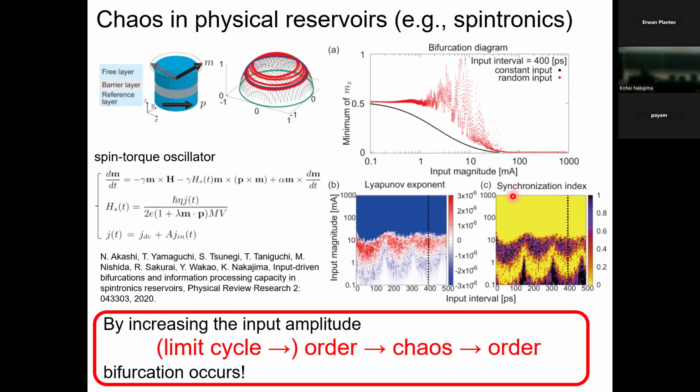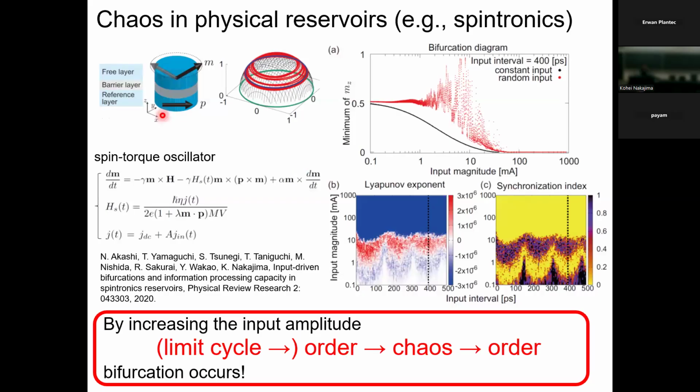10 minutes, okay. And this kind of phenomenon can also be observed in physical reservoirs, for example, spintronics. And we found that when you tune this input amplitude, so a spintronic oscillator is usually showing a limit cycle.